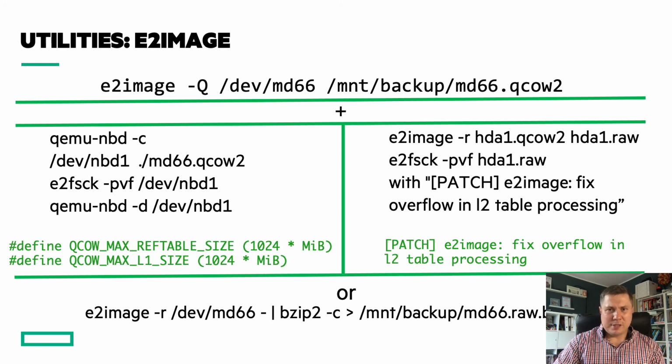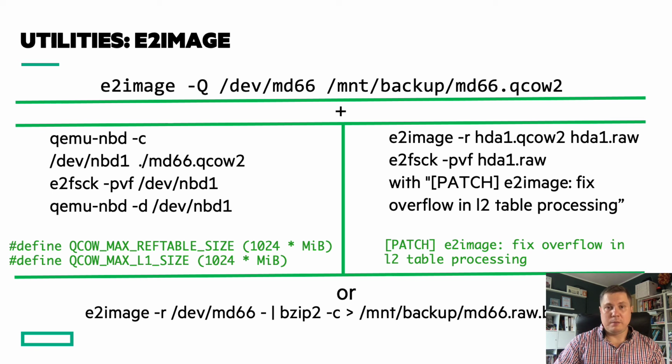So it's useful sometimes to get a partition image because the maintenance window is about to be closed and we need to investigate some issue. e2image is quite a useful approach.